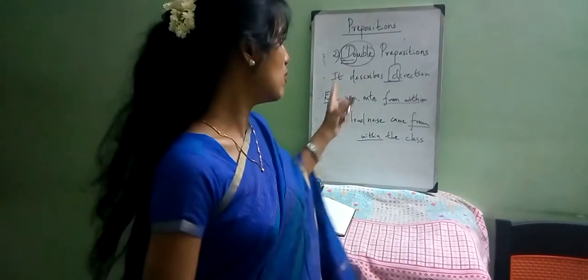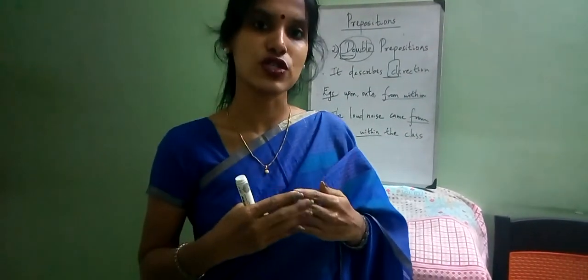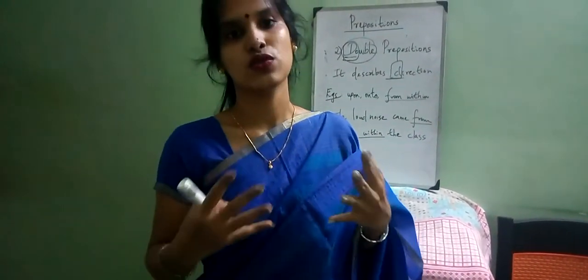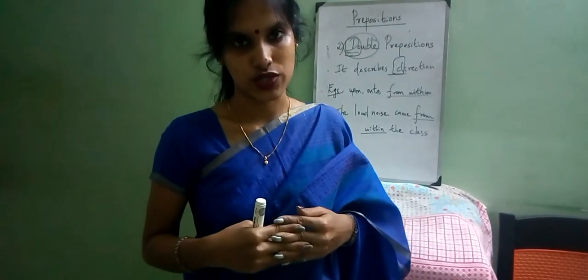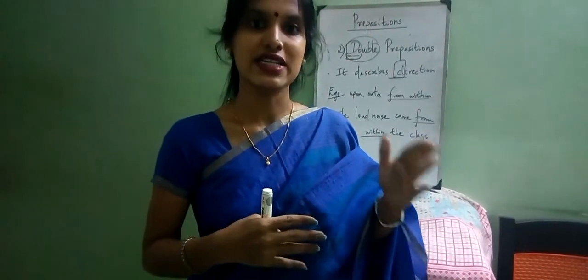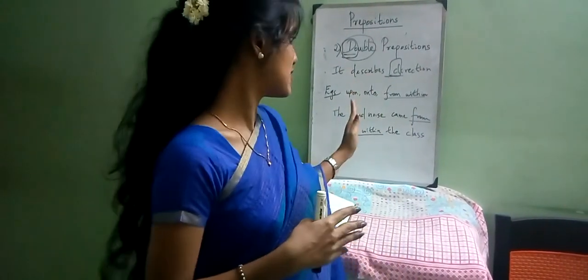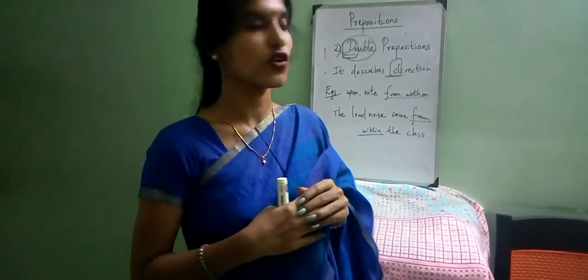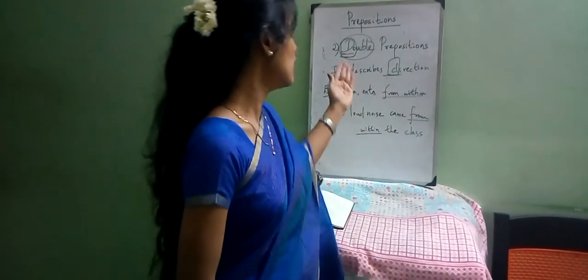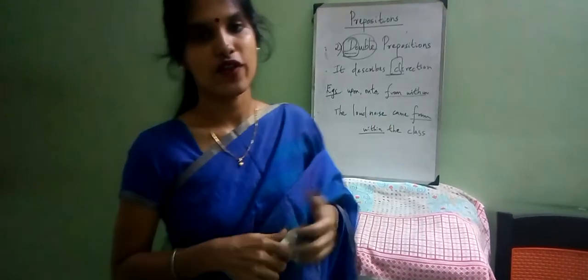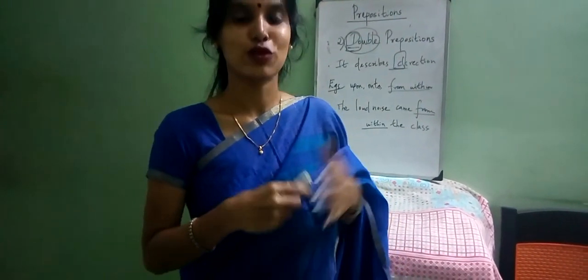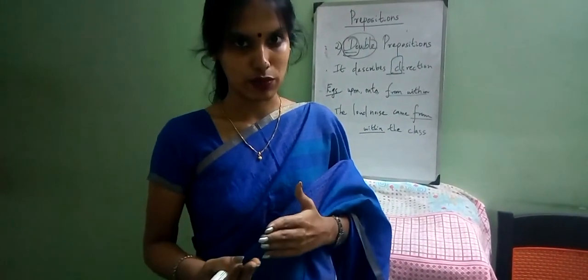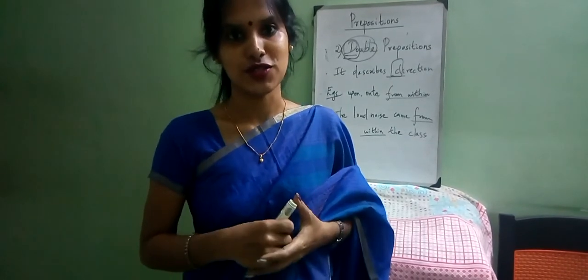And for double prepositions, two simple prepositions come together to form double prepositions, to describe the direction. These are some of the examples for double prepositions, and I also gave you the sentences for both simple prepositions and double prepositions. I hope you all understood.